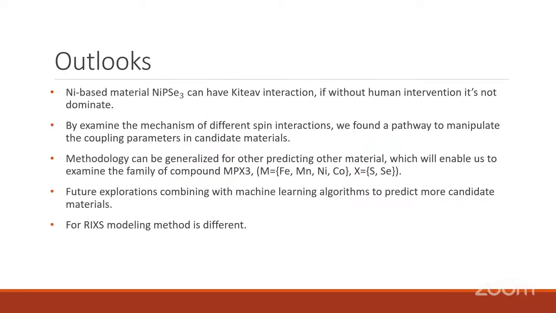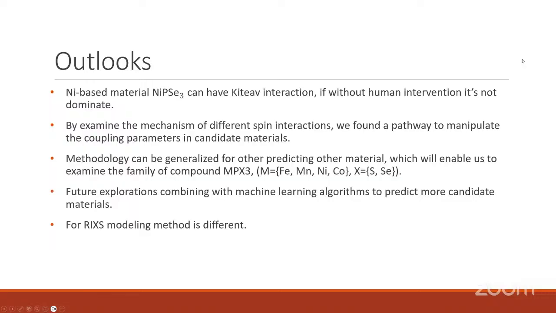All right, so we want to say that even though many efforts have been paid to estimate the spin interaction of the material, this is a very big topic and there are also many other systems we could try.